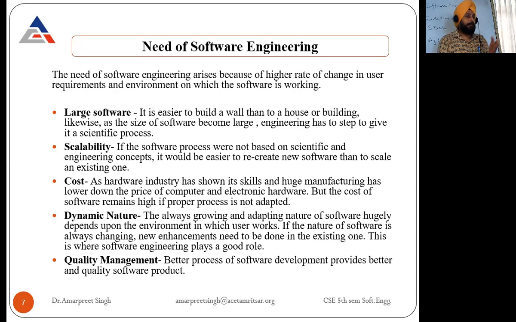Likewise, as the size of software is becoming very large nowadays, software engineering has to step in to give it a scientific process. If it were very small software, it could be handled without applying engineering principles. But now the size is very large, so we have to develop large products by applying engineering principles.